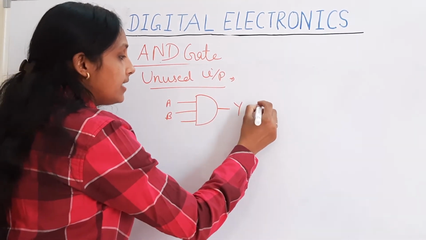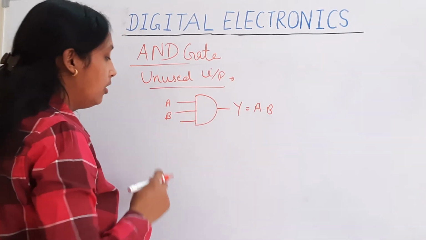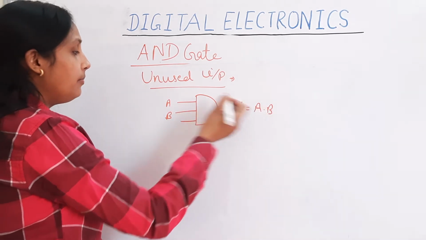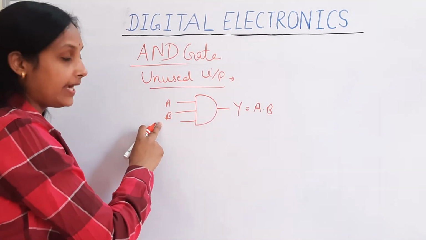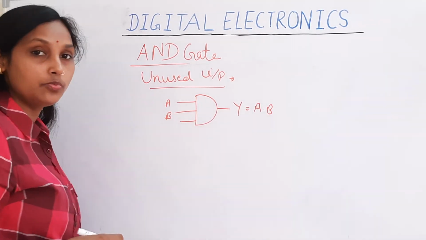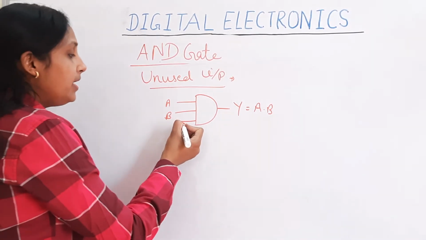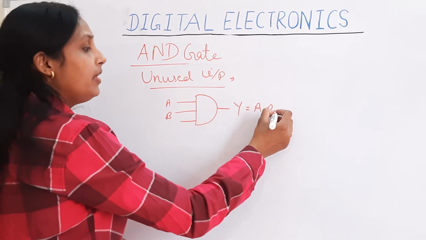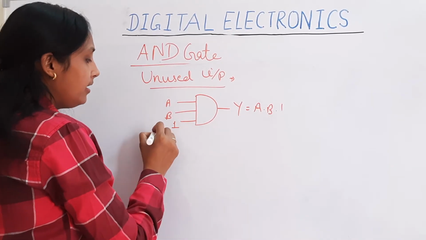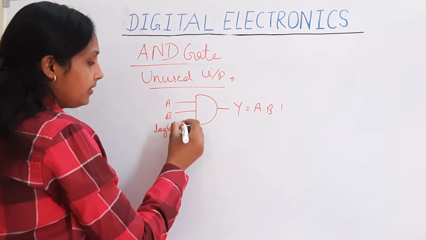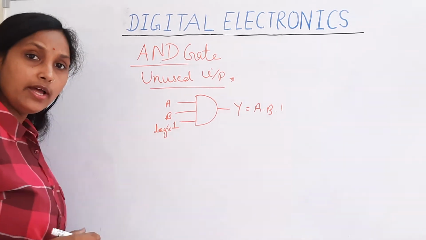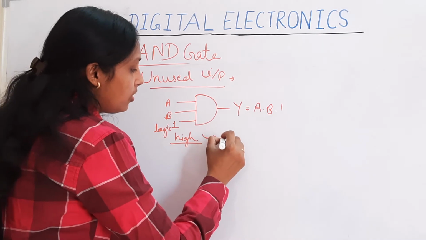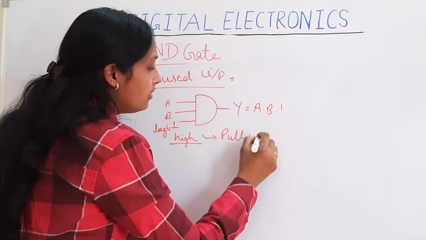You want the answer to be A dot B only. A is the first input, B is the second input, and the third pin is unused. So how will you use this unused pin? You can connect this third pin to logic 1 or high, which is also called pull up.